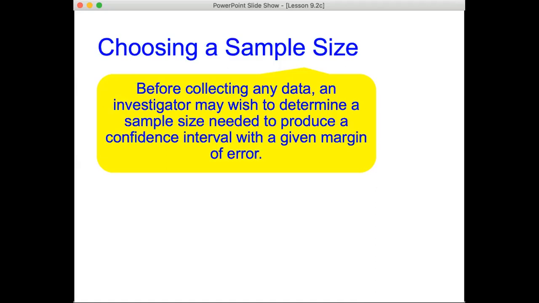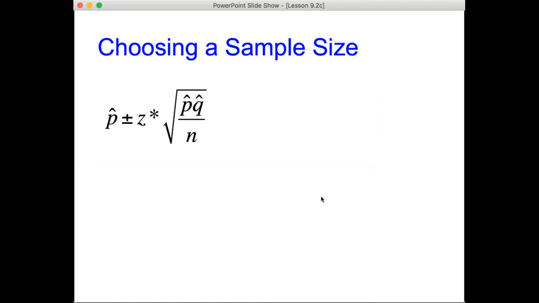They know how precise they want it to be. Okay. So with those in mind, they're going to go out and choose a certain sample size to get a certain margin of error and a certain width to their confidence interval. Okay, so that's what we're going to learn today, how to choose that sample size.